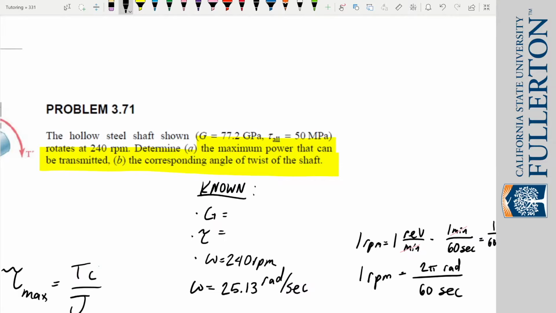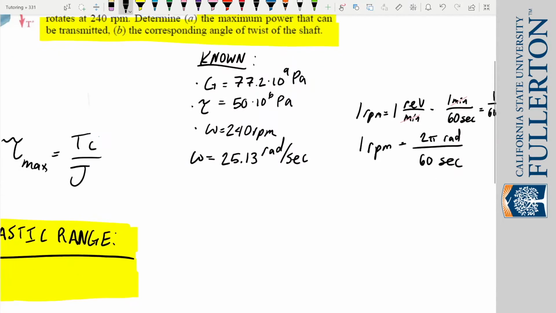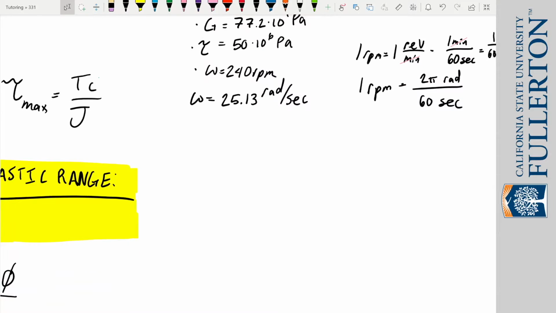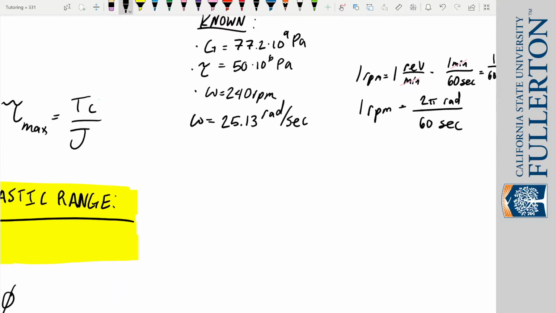And why don't we as well put down values for our shear modulus and shear stress. 77.2 GPa is equal to 77.2 times 10 to the 9th pascals. And 50 MPa is equal to 50 times 10 to the 6th pascals. So now we have all our knowns over here.